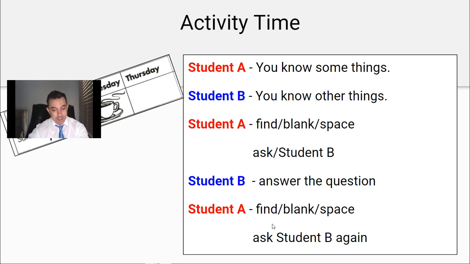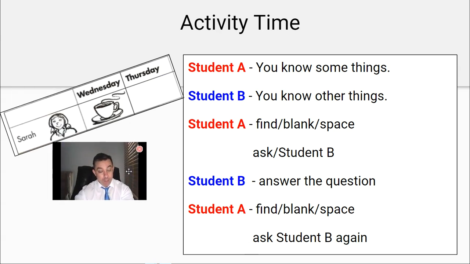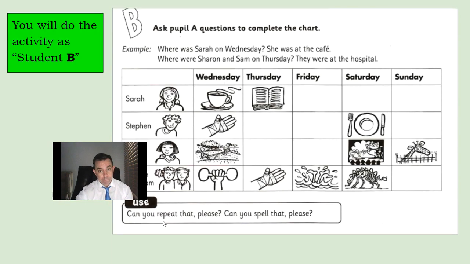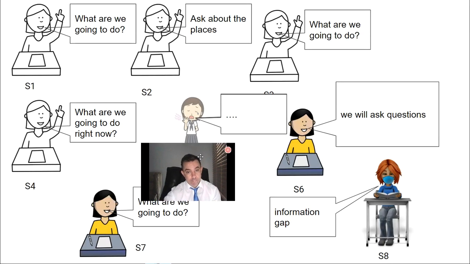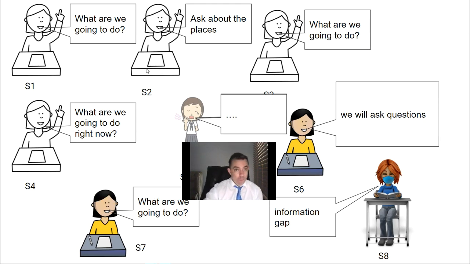Okay? Now, everybody, ask your partner, what are we going to do right now? What's going to happen right now? Ask your partner. What are we going to do? Ask about the places. We will ask questions. Very good. Information gap.